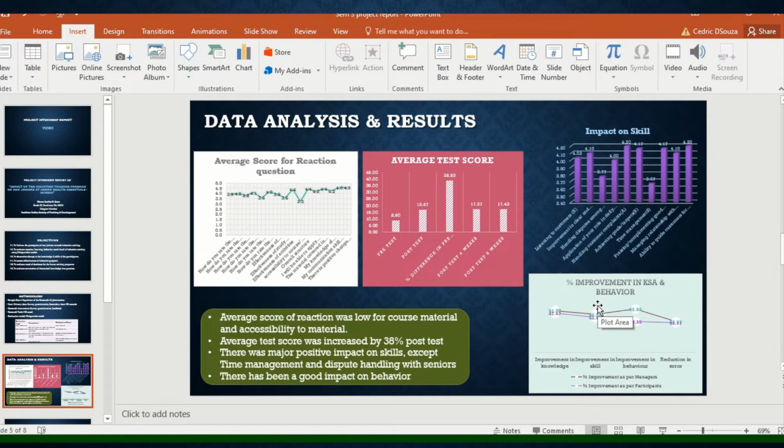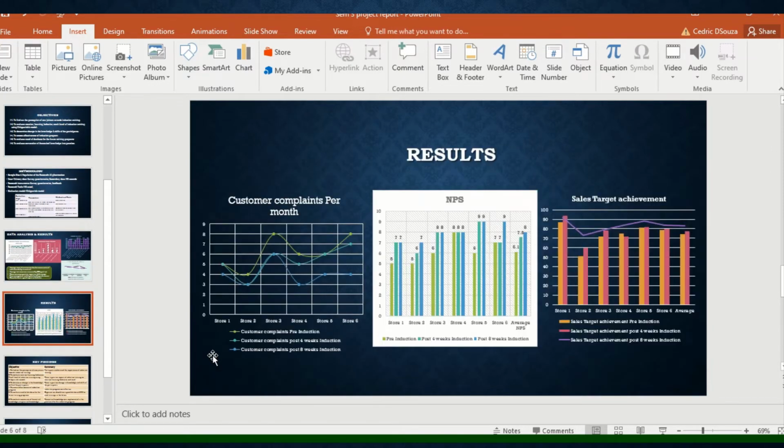And for improvement in behavior, there had been a change. This graph shows the purple line as improvement as per managers, and the green color as improvement as per participants. You can see there had been approximately 35 to 40% improvement as per both, and by this we can say there had been a good impact on behavior.